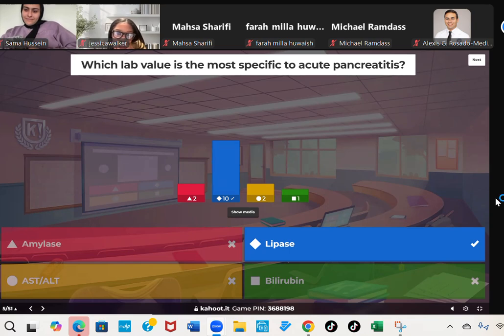There are other reasons that the amylase can be elevated. The other reason we don't measure it is that it has a very short half-life. What is AST and ALT specific to? Liver injury. And what is bilirubin specific to? It could be related to cholestasis, but it can also be related to cirrhosis overall and liver injury. So don't forget what you learned last exam.